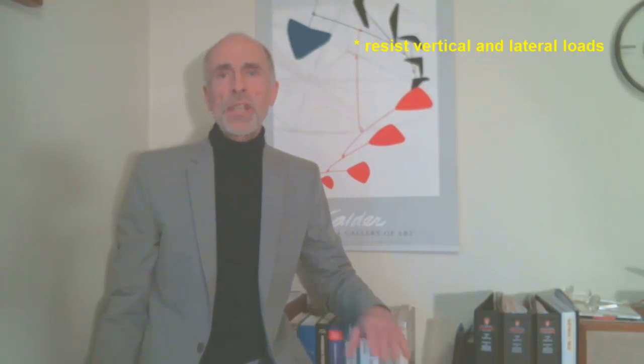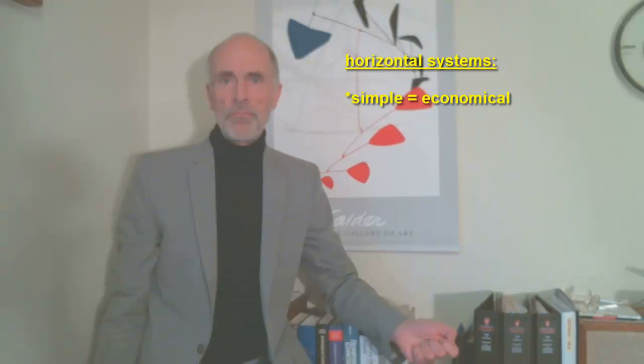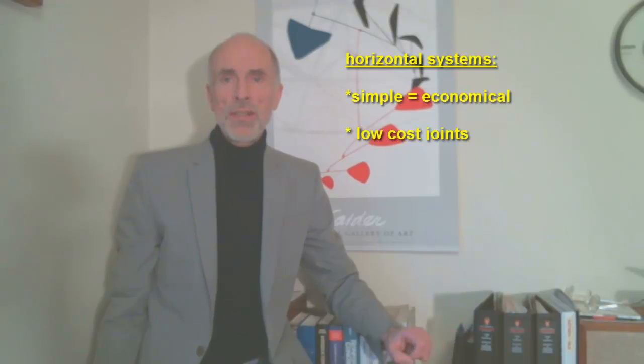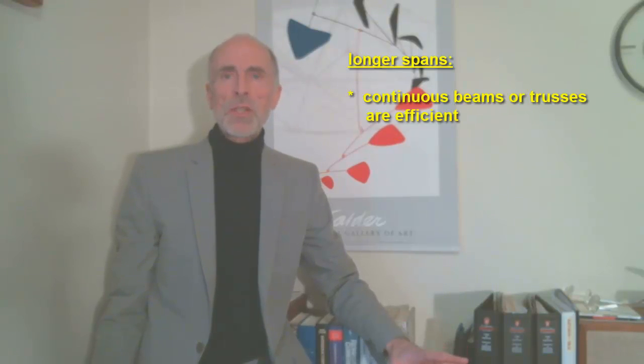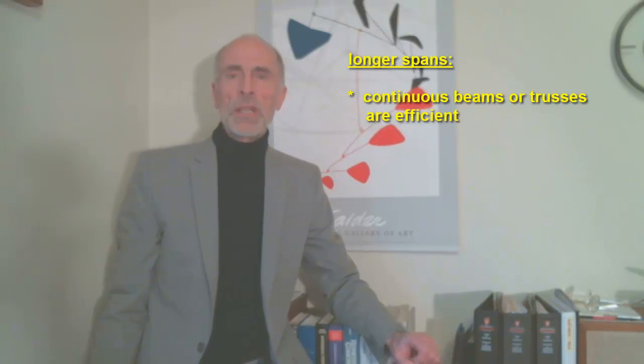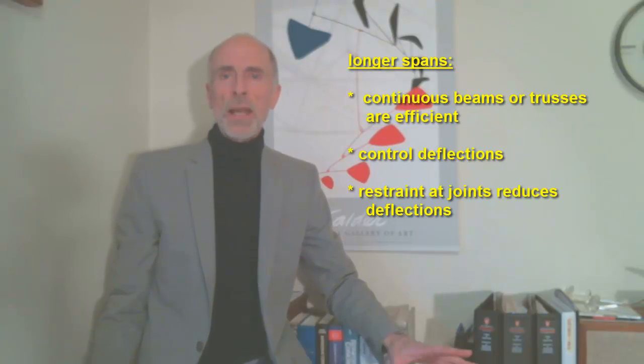For horizontal systems like bridges, simply supported systems are often the most economical because of the simple joints and easy construction. On longer spans, however, continuous systems of beams or trusses are more efficient because controlling deflections becomes important.